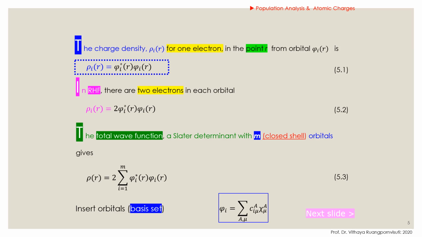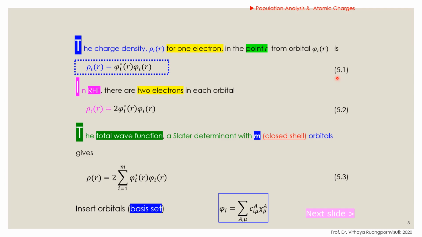Charge density is equal to phi i star multiplied with phi i. In a calculation such as RHF, or restricted Hartree-Fock, there are 2 electrons in each orbital.